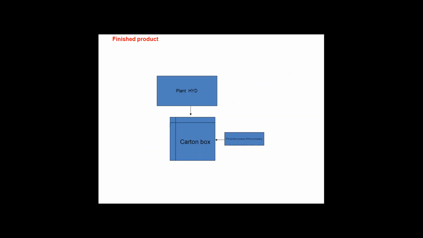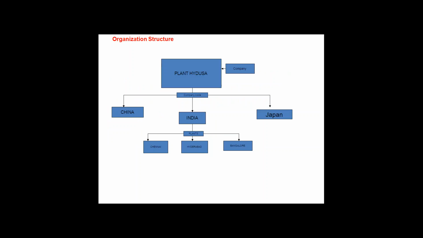Now let us imagine we have started a plant in Hyderabad and the finished product of my company is the cotton box. Due to increasing orders, I have started 3 more plants in India, like Chennai, Hyderabad and Bangalore. India we call a company code. Similarly, I can extend my operations to other countries like China and Japan.